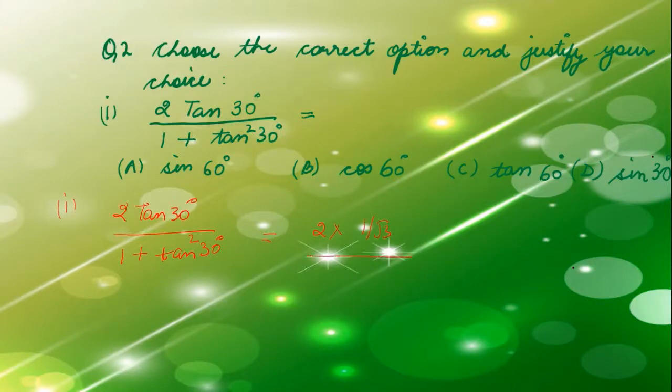From the table, 2 into 1 by root 3 upon 1 plus (1 by root 3) whole square. So it will be 2 by root 3 divided by 1 plus 1 upon 3. Or you can write 2 by root 3 divided by (3 plus 1), that is 4 upon 3. So it will be 2 by root 3 into 3 by 4.